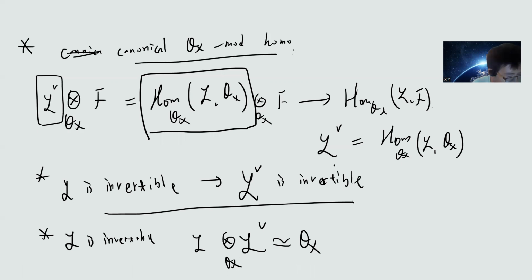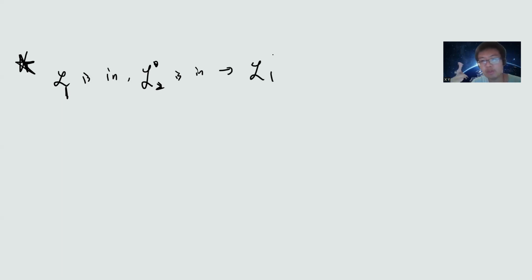Okay, and the important fact also is that if L1 is invertible and L2 is also invertible, then, obviously, you can check it as with vector spaces, right?